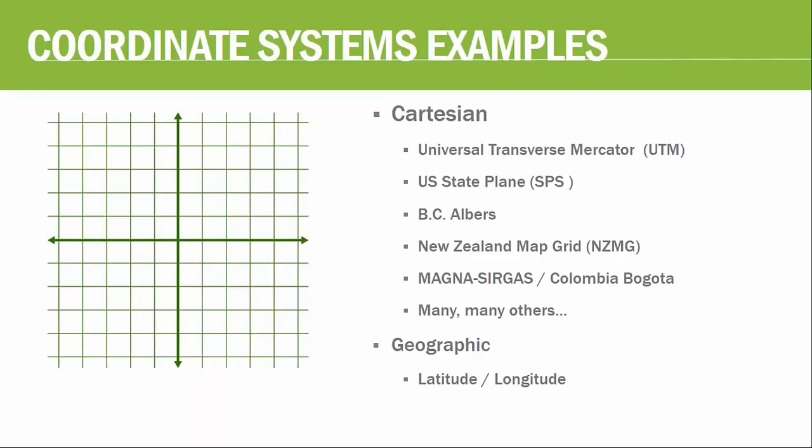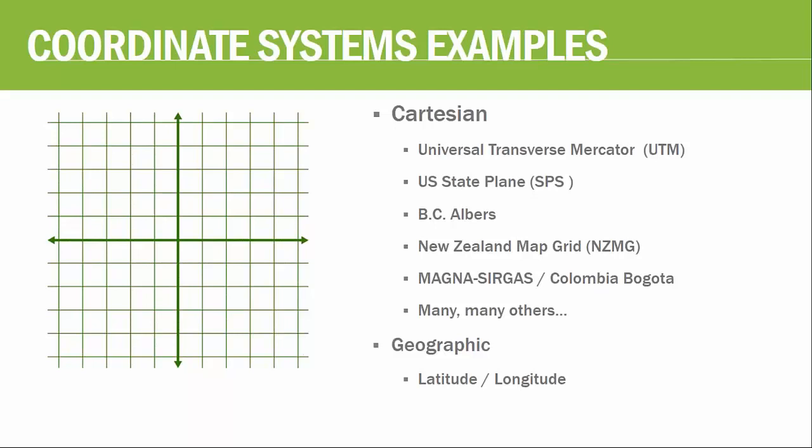Our software, like most engineering software, works in a Cartesian coordinate system, X, Y, Z coordinates, and the Earth, unfortunately, is not flat. So to get around the contradiction, we project the surface of the Earth into a Cartesian coordinate system. There's a whole bunch of different ways to do that.